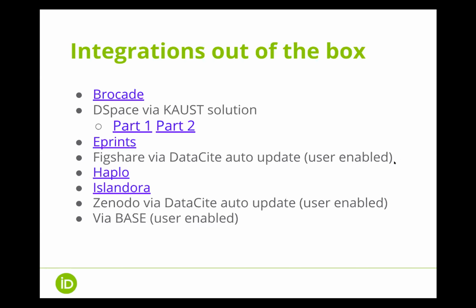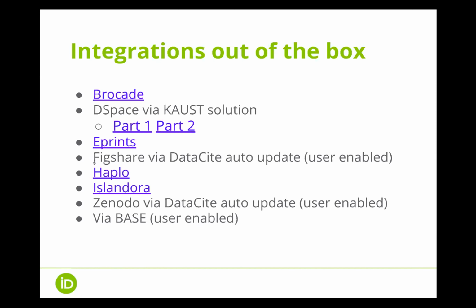This is a user-enabled process, meaning the user needs to grant permission for DataCite to write data on that ORCID record, and then whenever there's a DOI issued with Figshare, and when that ID has been connected, DataCite can push that data into the ORCID record.